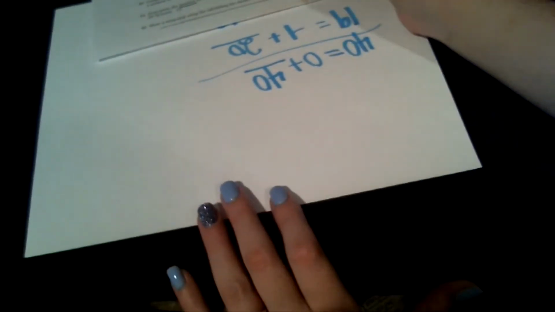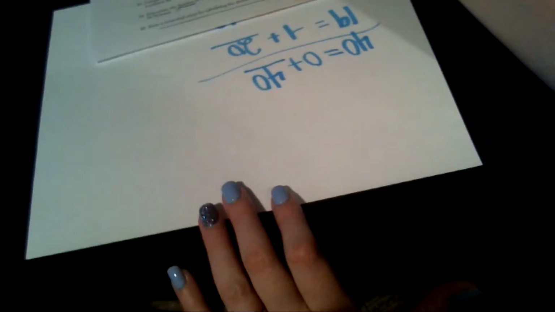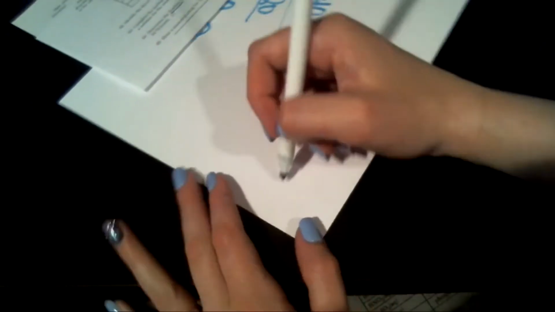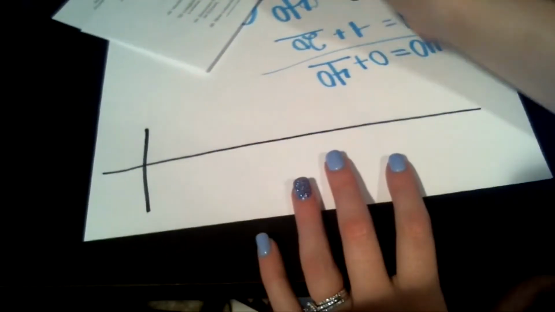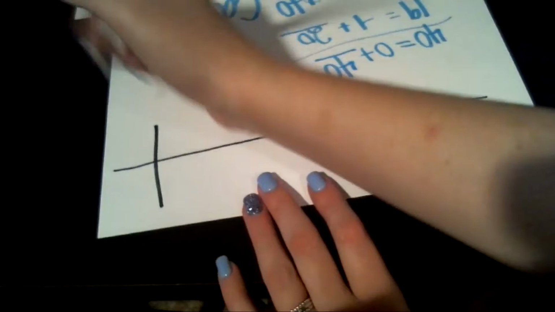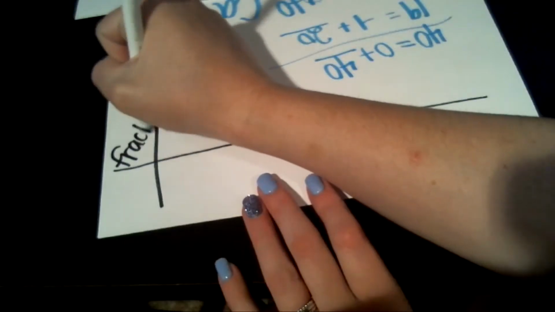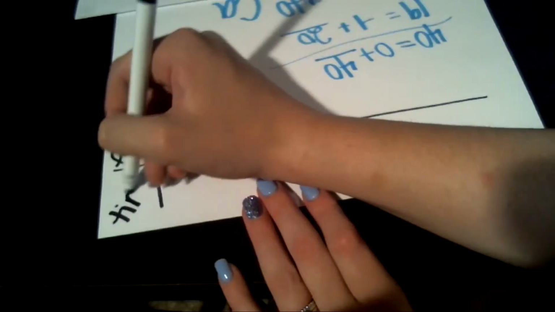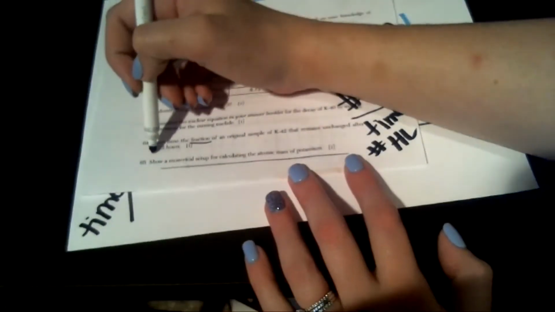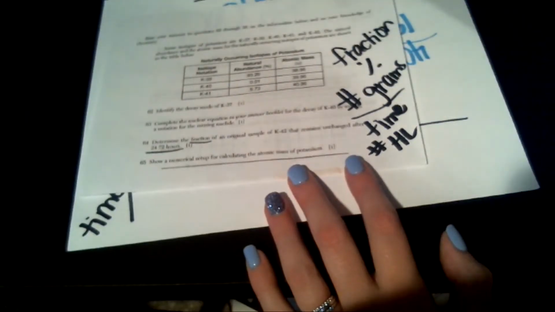So they're asking, what is the fraction of an original sample of K42? The way you're going to set this up every single time is going to change. It's all situational. This is going to be my fraction, and this is going to be the time, because they're asking me about the fraction and they are giving me an amount of time.